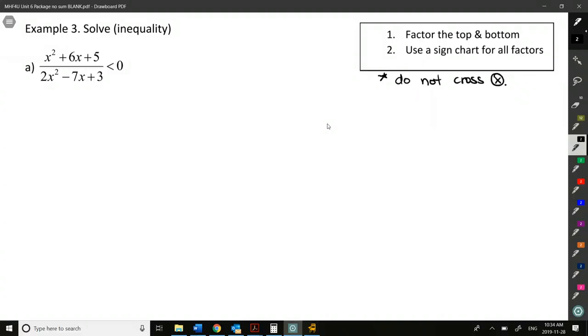I want to know for what range of x's this expression has y's that are less than 0. So we're going to start by factoring our rational expression as we usually do. This is going to allow us to find important areas of our rational expression. So two things that multiply to 5 and add to 6.